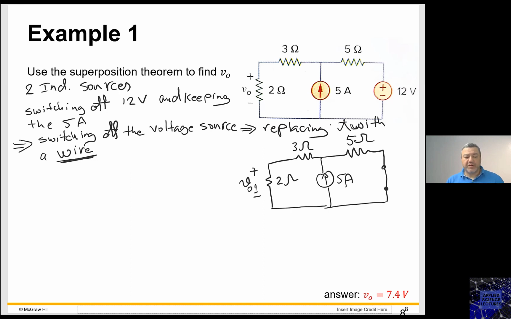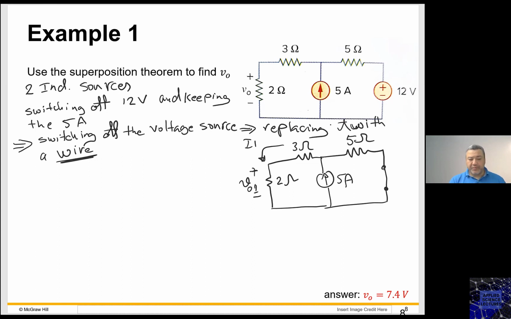V naught 1 means due to the circuit number 1, which basically has only the current source. So this is now a piece of wire. In this case, I can use the current division in order to calculate the current in here. Let me call this one I1. What's I1?